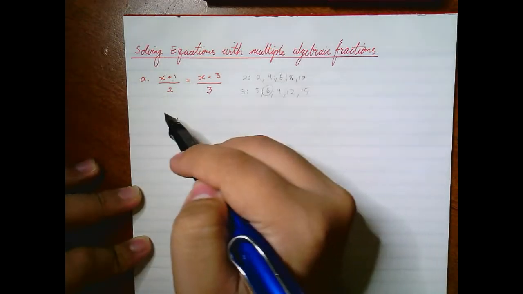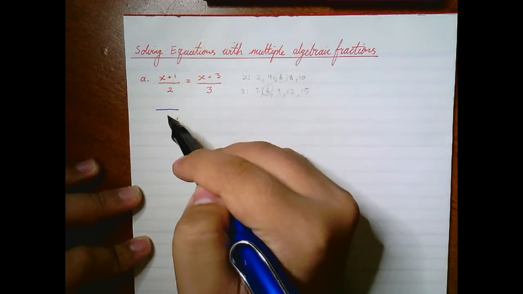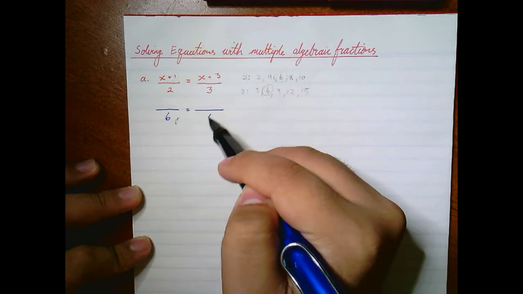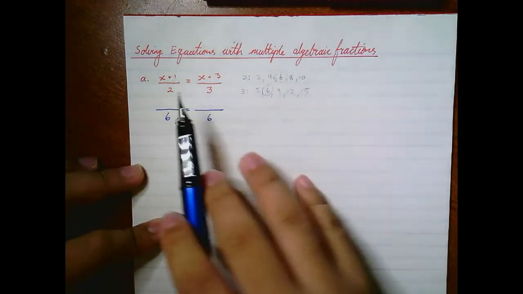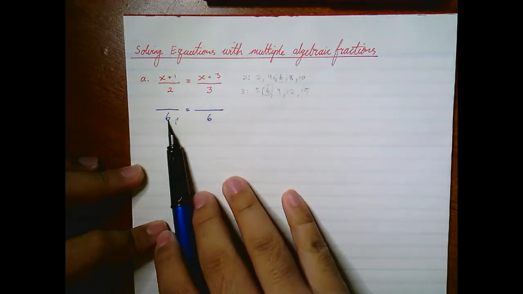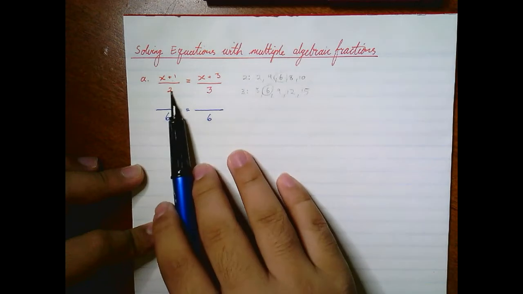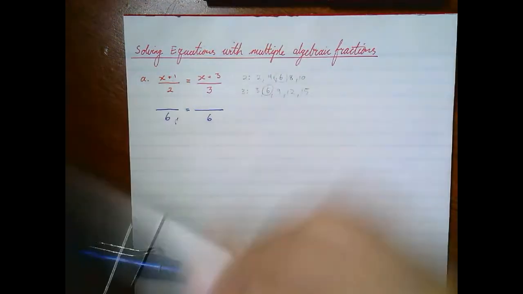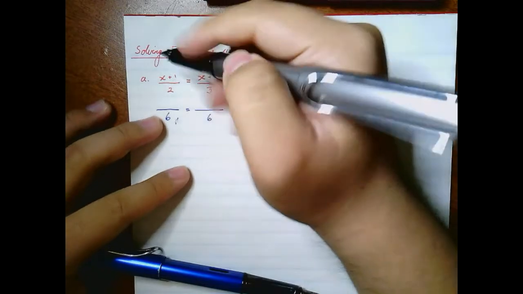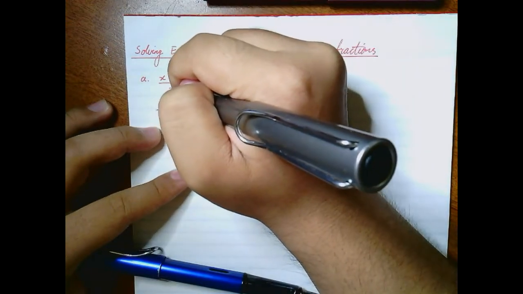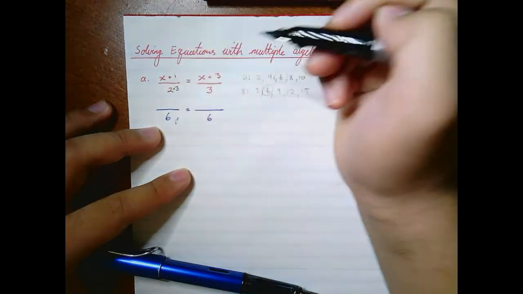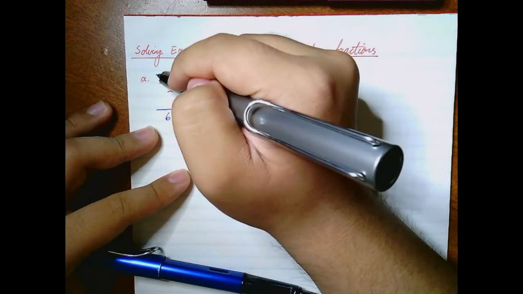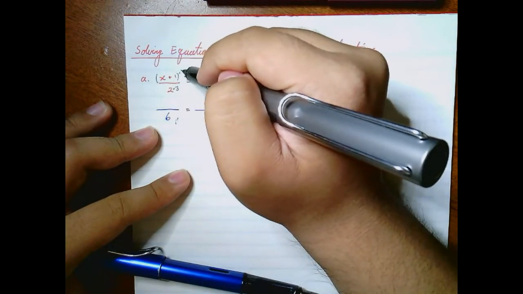So we write underneath it 6, equals sign, 6. For 2 to become 6, we multiply this by 3. Since the denominator has been multiplied by 3, we also have to multiply the entire numerator by 3.